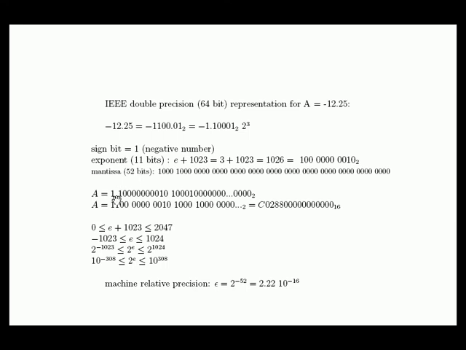So A has a 1 as the first bit to tell you that it's a negative number. Then the next 11 bits is 1026, that's E plus 1023. The next 52 bits just store the mantissa, and well, that's the way it's stored in the computer. We're going to print it out in hexadecimal form.